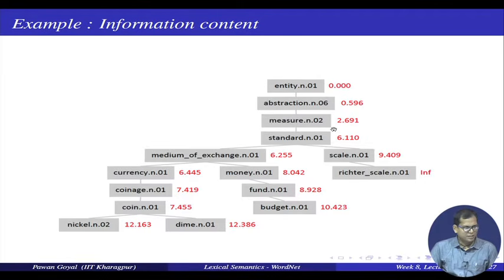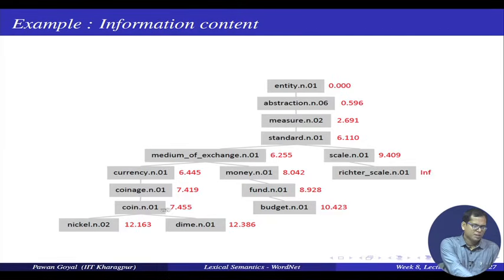Now what is something that you are seeing here? As you are going down, these numbers are increasing. So one simple way of capturing similarity between two words is by seeing what is the lowest common subsumer and what is the information content of that. So nickel and dime, what is the similarity?